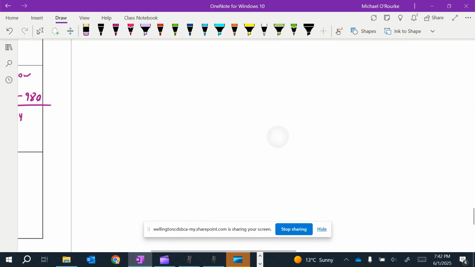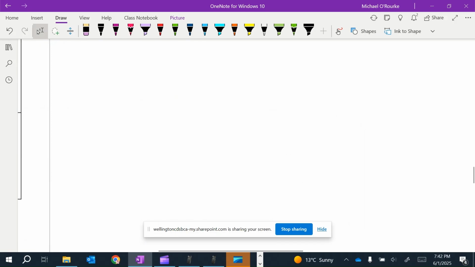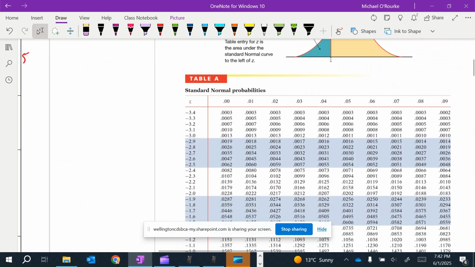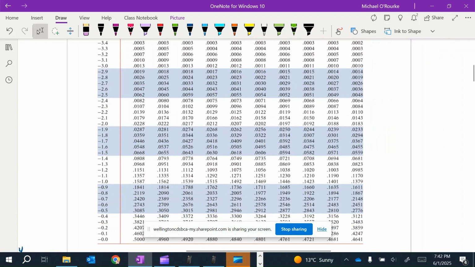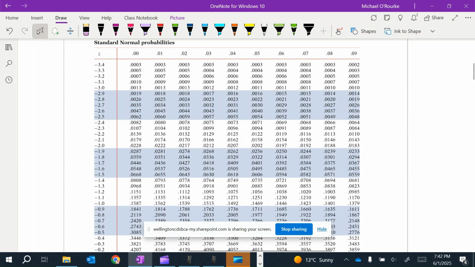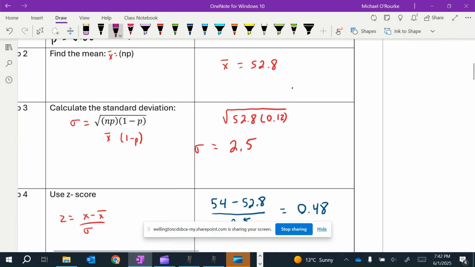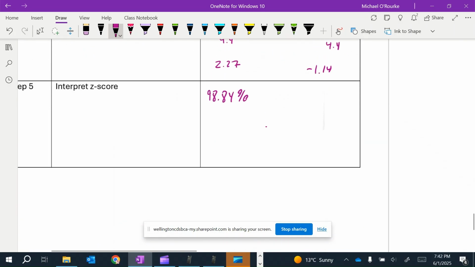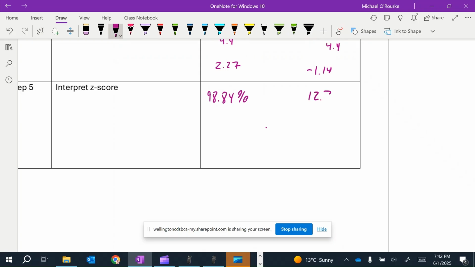When I go to my z-score, negative 1.14 is 12.71%.